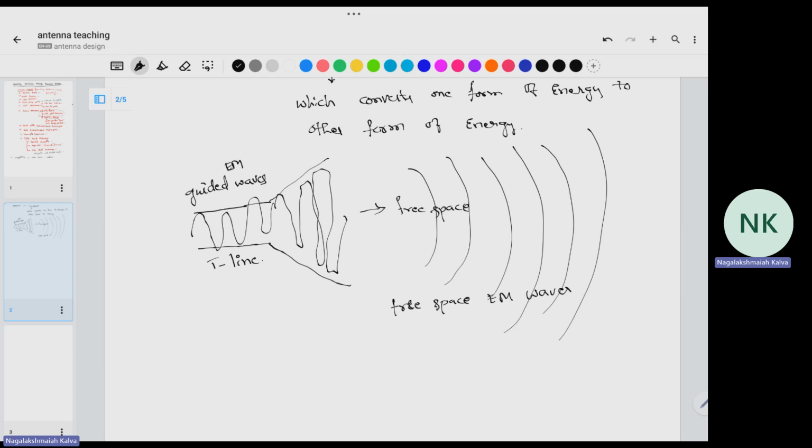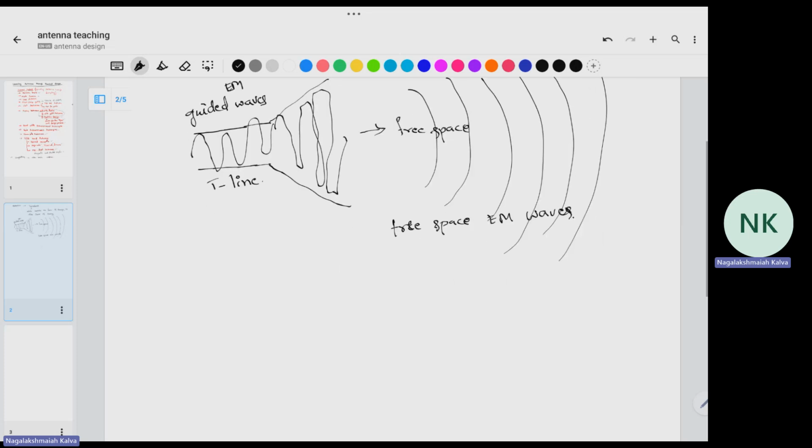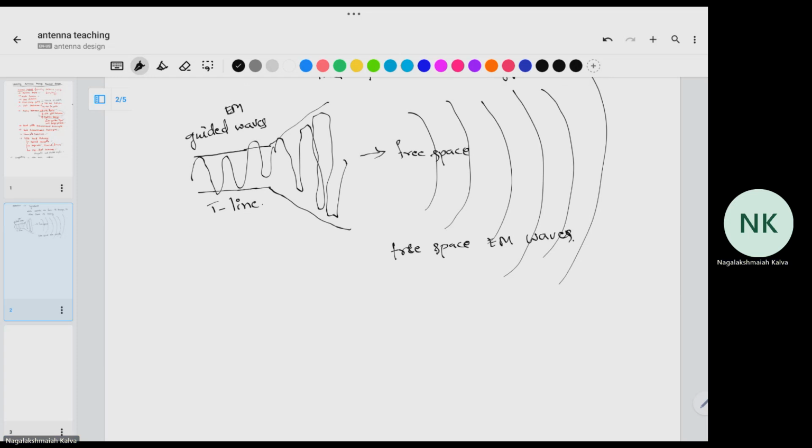So antenna is nothing but a transducer which converts guided EM waves into free space EM waves. Or you can say guided EM energy into free space EM energy. This is a simple definition which every textbook follows.